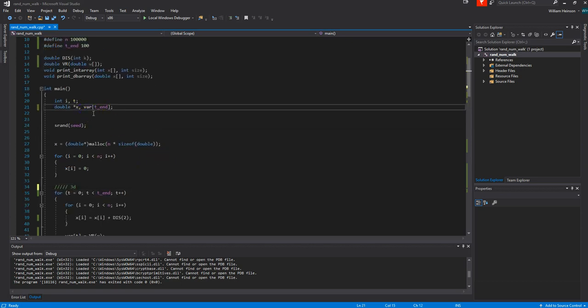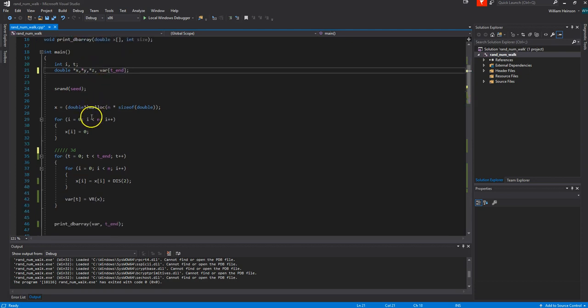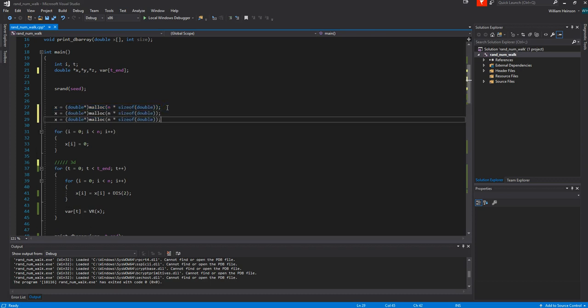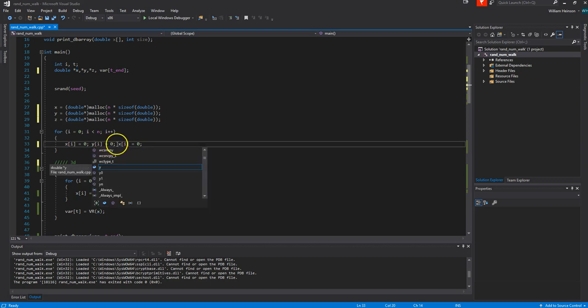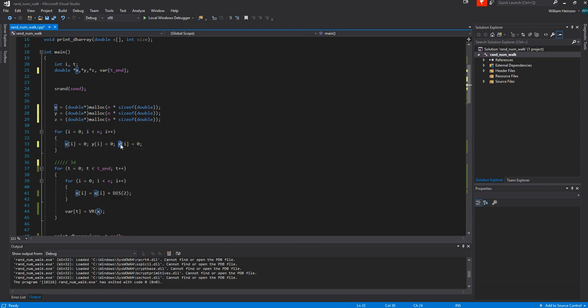But I want an array for my X, Y, and Z. And we're just going to repeat this bit of code. And Z. And of course this bit of code.